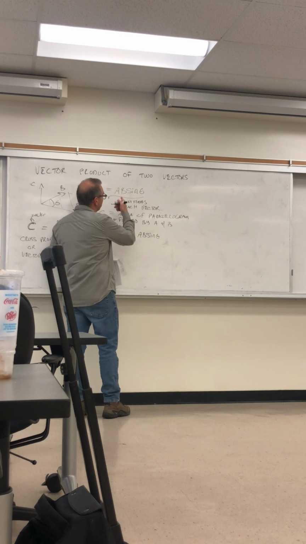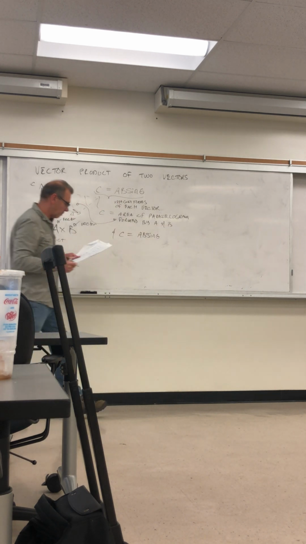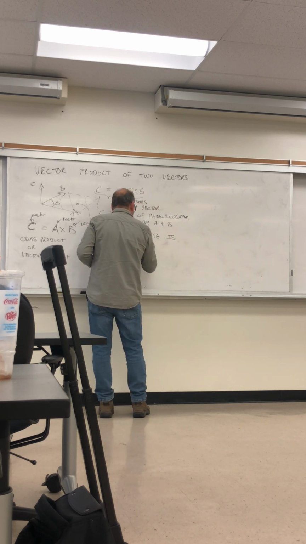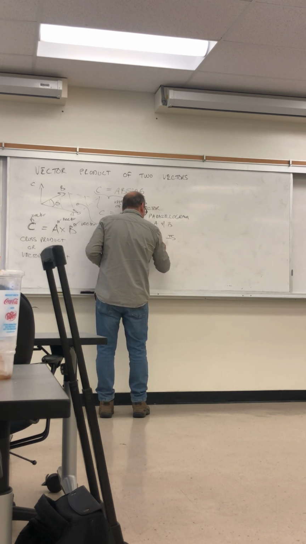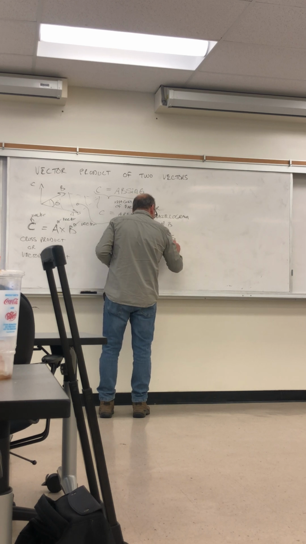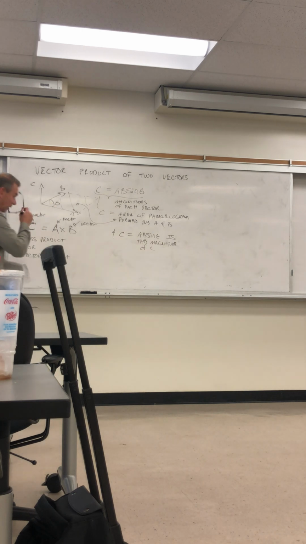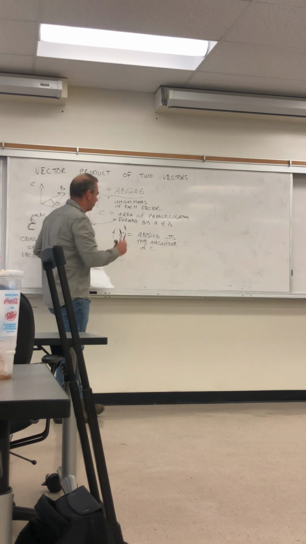C, which I've written there, is AB sine theta, that's the magnitude. And the only difference between that and this is this has magnitude and direction because it's a vector. This is just magnitude.